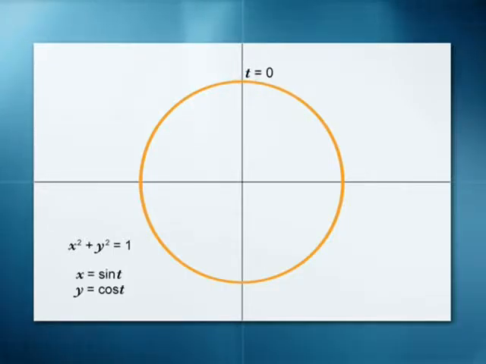But how about when t is π/2? Well, now x is sine of π/2, or 1, and y is 0. So we're over there on the positive x-axis, aren't we? The orientation here is clockwise. In that previous problem we did earlier in this lecture, the orientation was counterclockwise. We've kind of flipped the orientation by flipping the roles of sine and cosine. Kind of curious, isn't it?